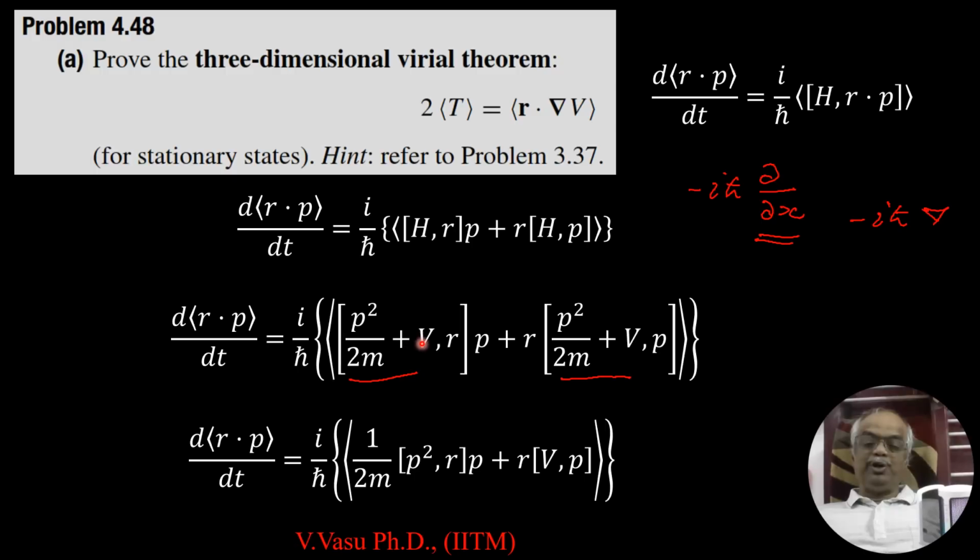Now you know V and R will commute in the first term, so that commutator will be equal to 0.